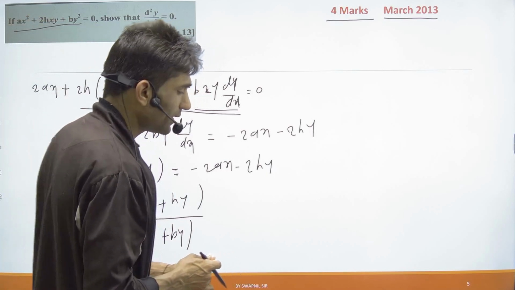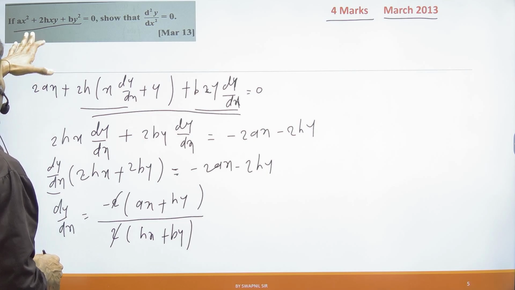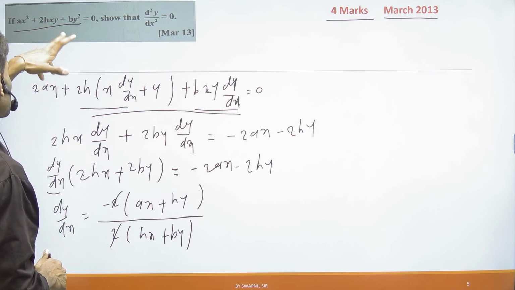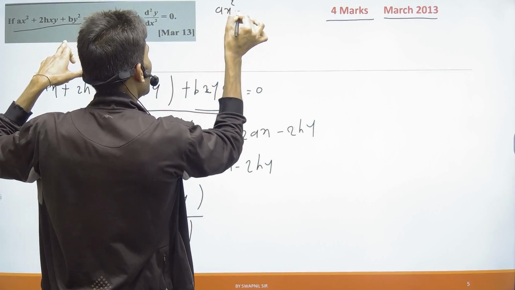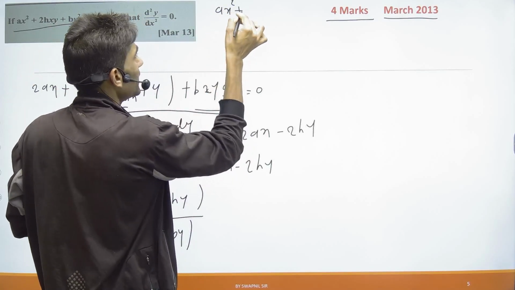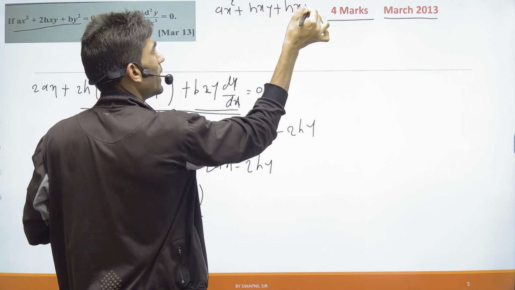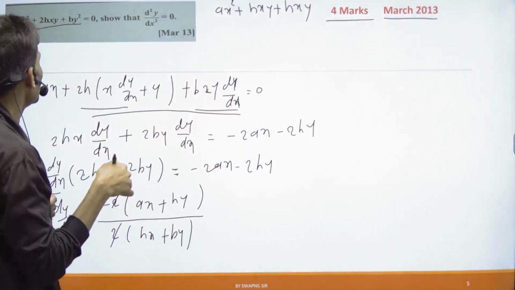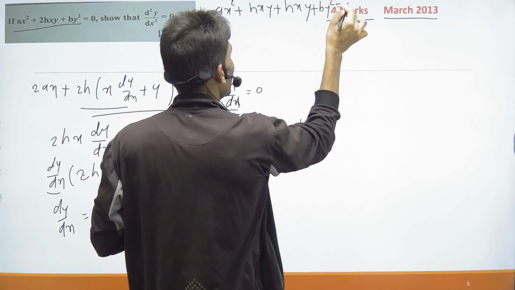So for finding their values, x square plus twice of hxy, expand it here. Let me write the solution: x square plus twice of hxy, I write twice of hxy as hxy plus hxy in order to simplify it, plus by square, which is equal to 0.